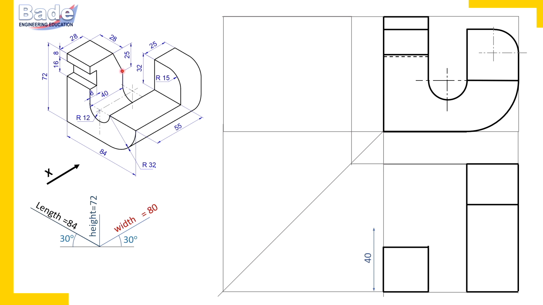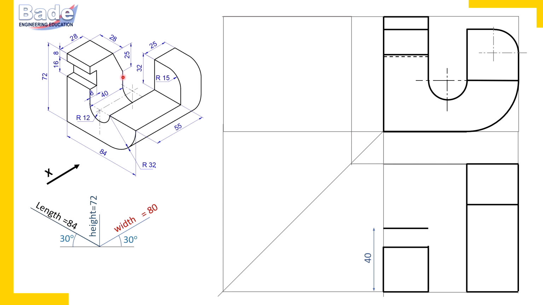But at this corner, the object is 40 millimeters wide. So it is visible. So I have measured 40 millimeters and I am going to draw the edge parallel to length here. This is that edge. It is the same hidden edge here. It is visible in the top view now. From front it is hidden, but from top it is not.